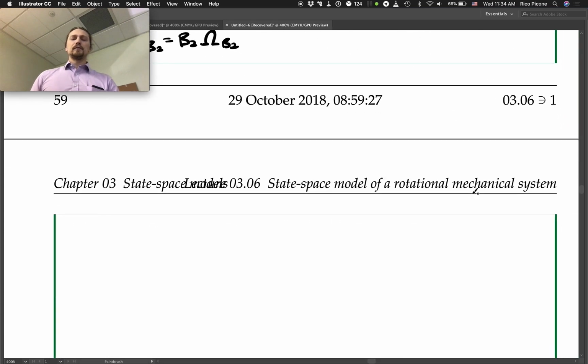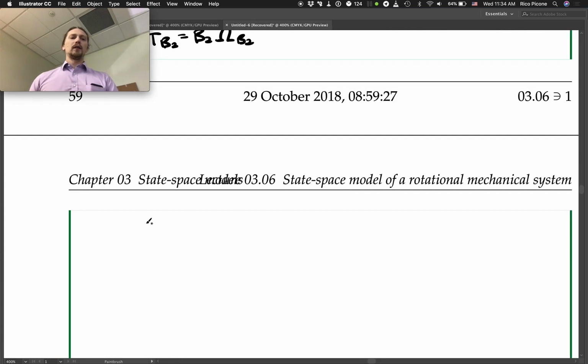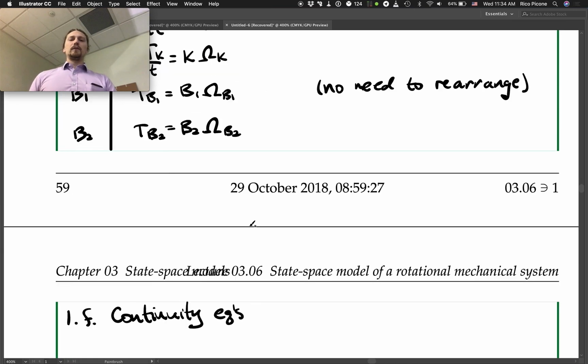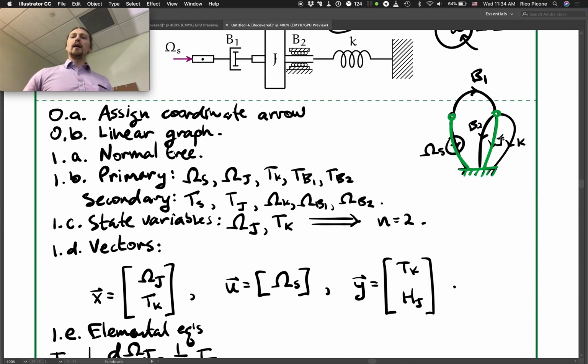Great. So we are on 1F, continuity equations. Remember that we need a continuity equation for each passive element in the normal tree, or passive branch. J is the only passive branch in our normal tree. So we need a contour that intersects just that element in terms of elements in the normal tree. This contour is a good choice.